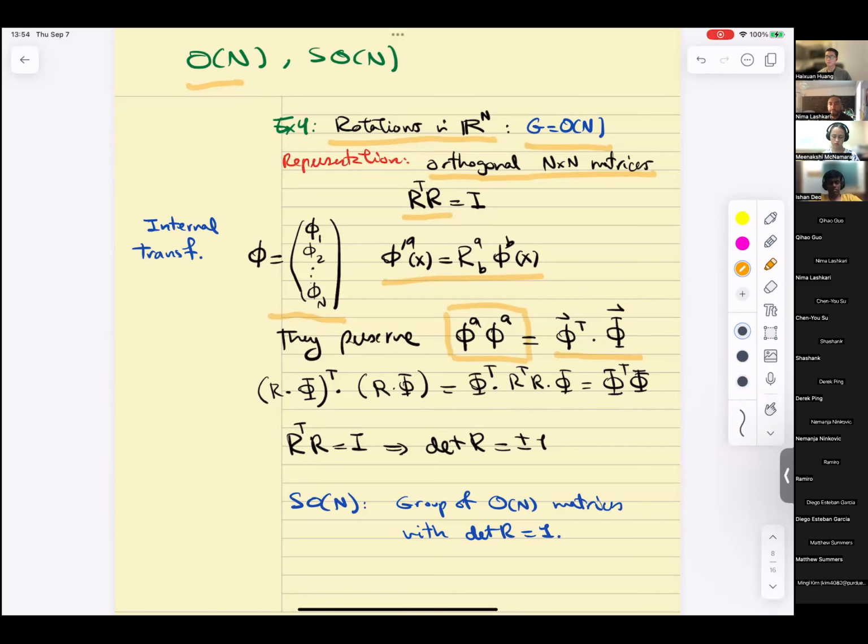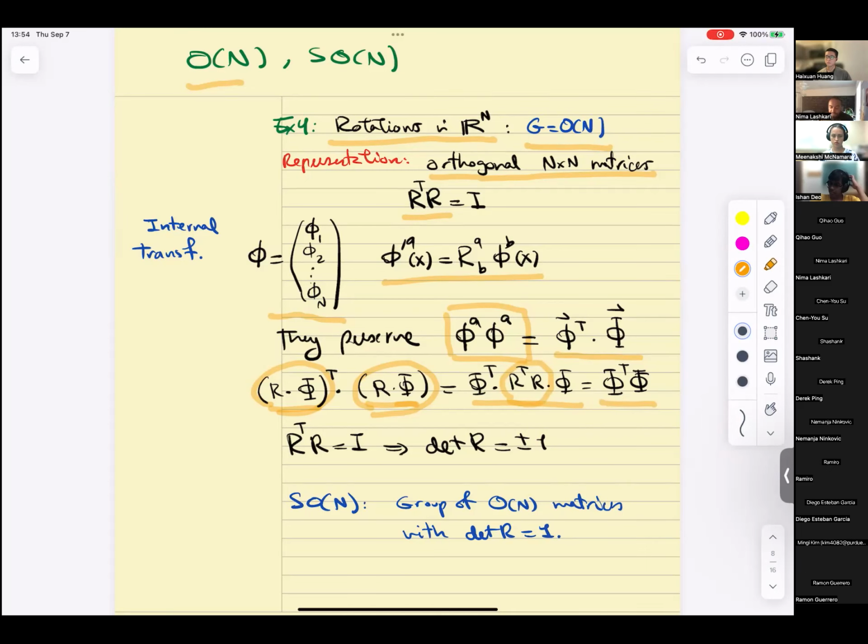How do you see that it preserves it? Well, take phi, act with matrix R on it. The inner product is the transpose of here, inner product transpose here. Well, you could just write it as this matrix multiplication. Because we define R transpose R to be our identity, this is invariant.